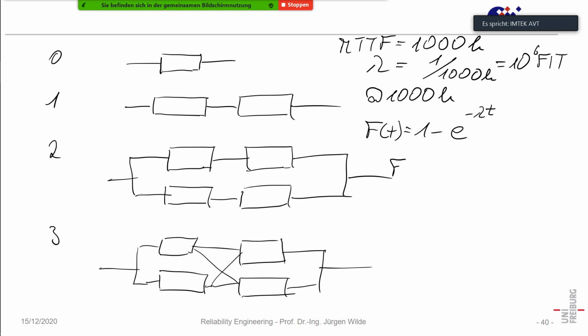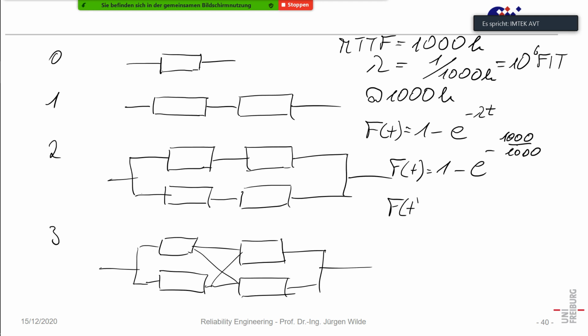F of t is 1 minus. So if t is just 1 divided by lambda, then we put it this, yeah? That's a systematic way.